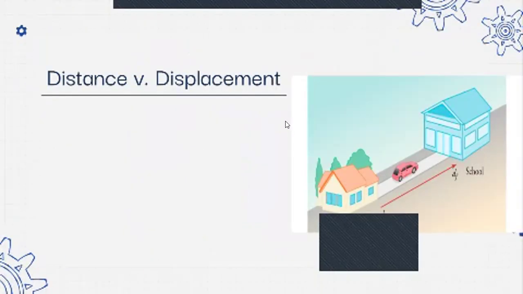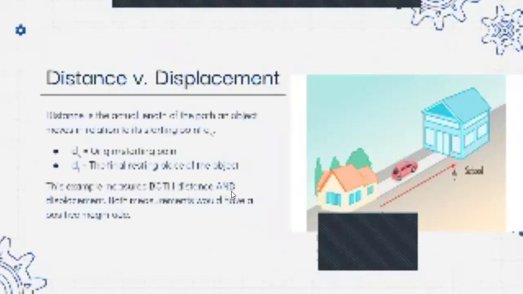All right. So distance versus displacement. Looking at the picture, somebody driving from their house to school. Distance is the actual length of the path of an object in relationship to its starting point. Where it starts is the origin, right here, D-O, and where it ends is the final resting place of the object, out here in front of the school building.